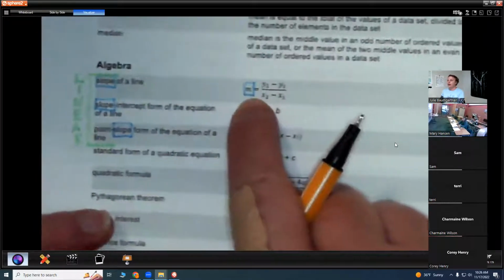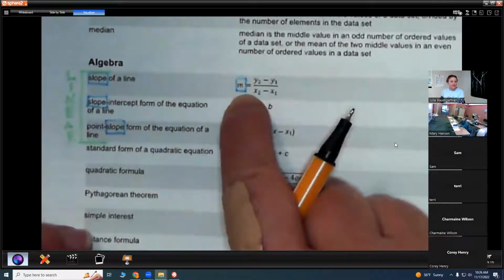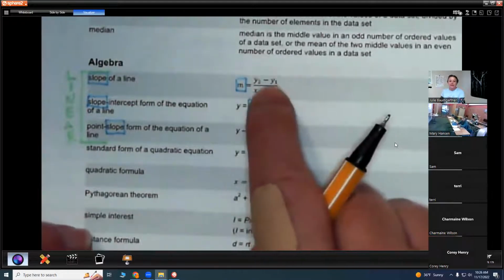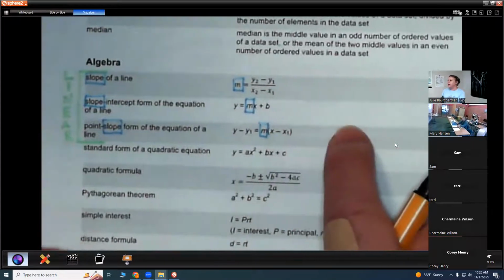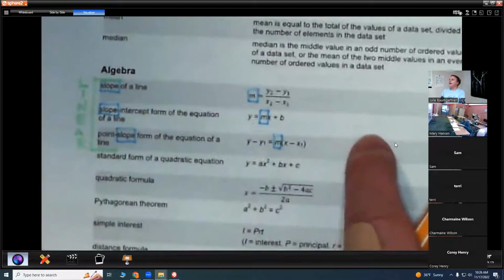However, there are visual ways of doing that too, which might be more efficient than using this formula and other formulas in algebra. You're totally allowed to.